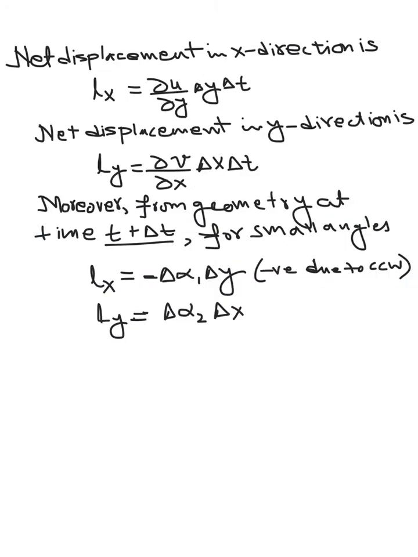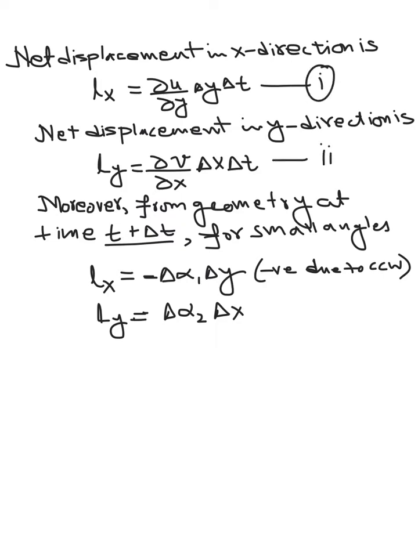Now I have determined the displacement in the x direction based on the definition of velocity. The velocity multiplied by the time will provide me that distance Lx, and similarly the change in velocity multiplied by the time will provide me the displacement in the y direction. Let's call these equations 1 and 2.